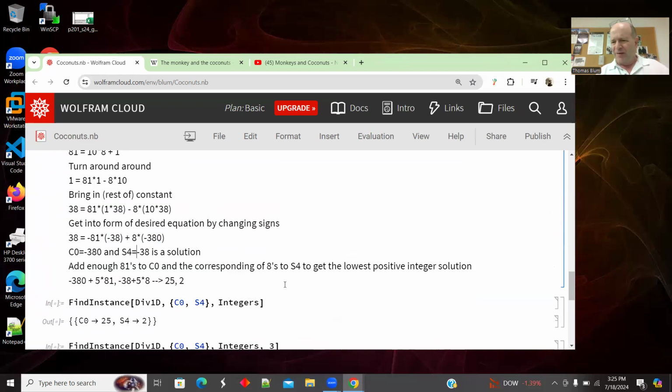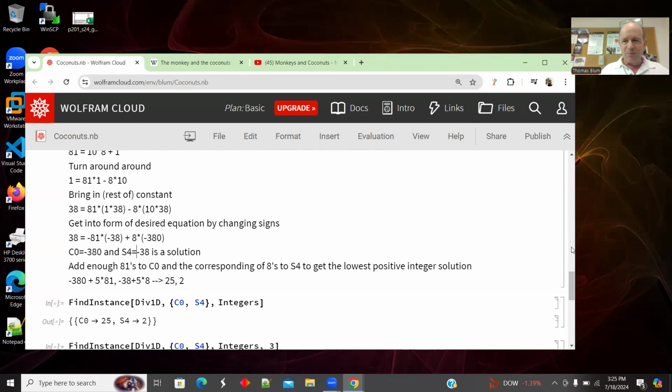And again, this is all just one big text thing. I'm telling you how to do it without Wolfram, because I don't really like to use Wolfram. I like to use it when it's doing something that's tedious and I don't want to do, but I know what to do.